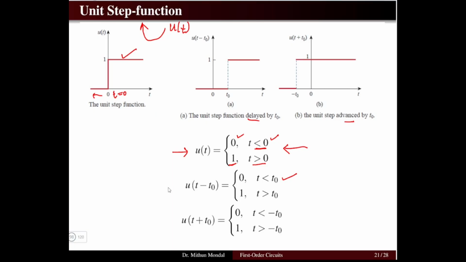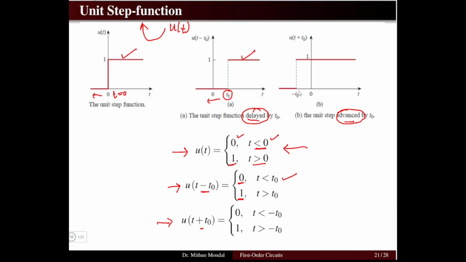Then the equation will be written in the form of u of t minus t naught for a delayed function, and u of t plus t naught for an advanced function. Here t naught is the delayed time at which the switching has happened. Any time below the switching time, your magnitude will be 0, and after that your magnitude will be 1.